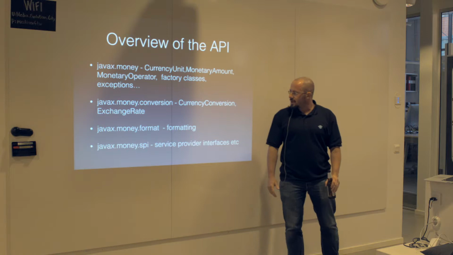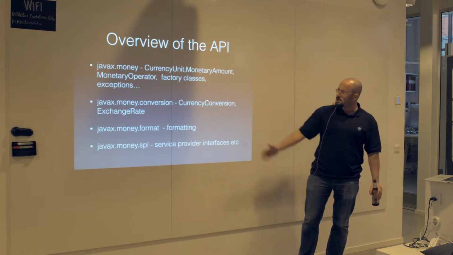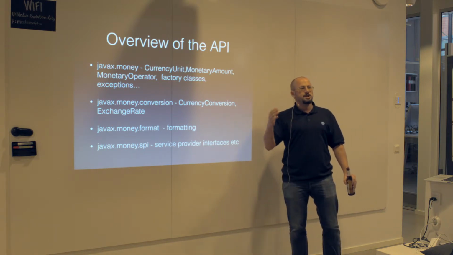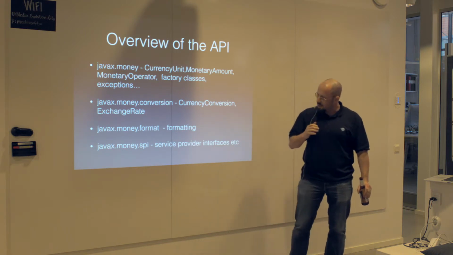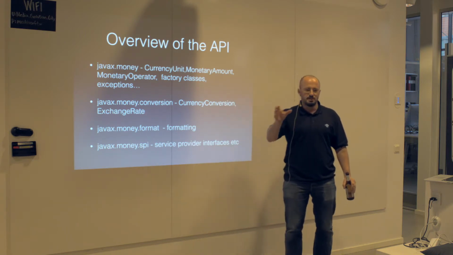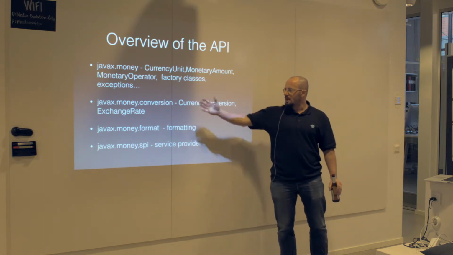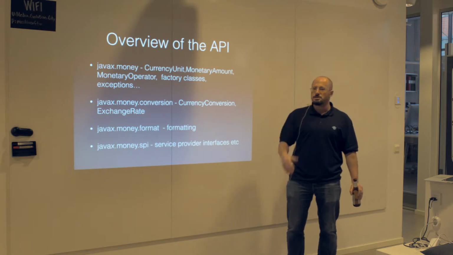The sub-package conversion has conversion information, where the important ones are CurrencyConversion, for example currency conversion from Swedish krona to something, and ExchangeRate, which is the relationship between two currencies. Also, we have a lot of factory classes and so on. I will show examples later.